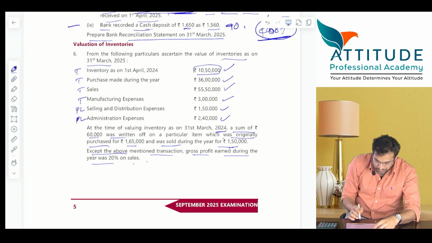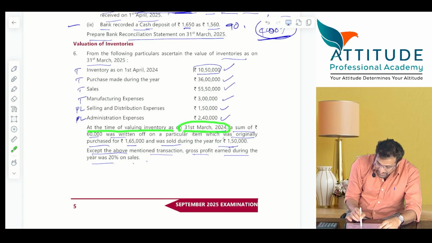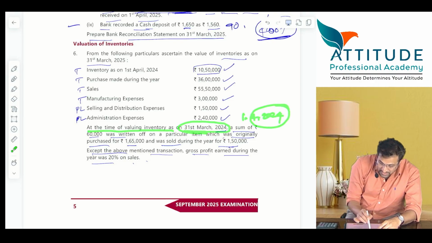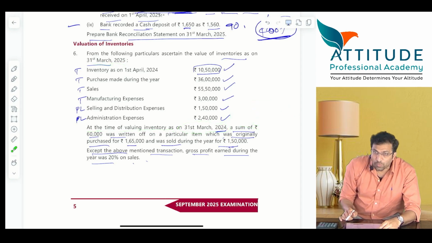थोड़ा सुनो. देखो इधर. At the time of valuing inventory on 31st March 2024 means 1st April 2024. This year is 2025 means it is 1st April 2024 means which year? Opening stock.